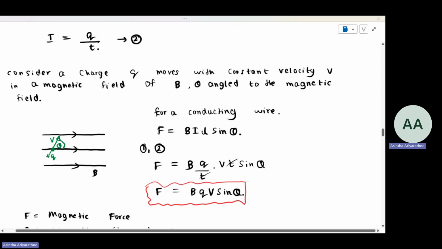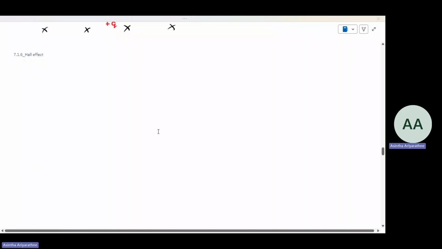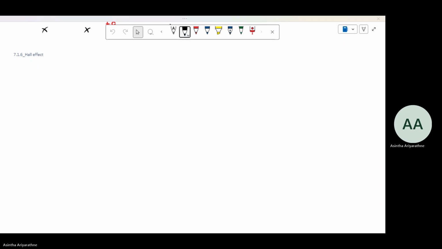It was discovered by a scientist called Edwin Hall around 1870. That's why it is called the Hall effect.